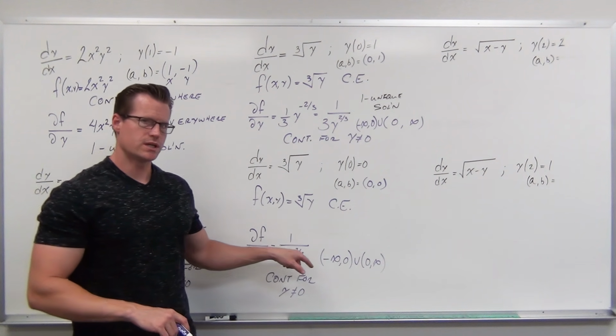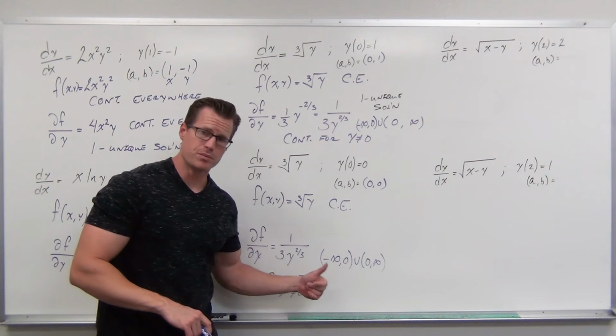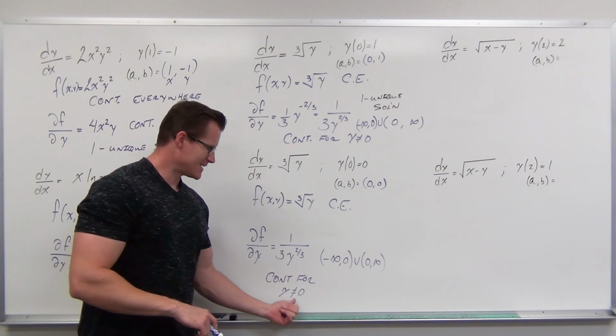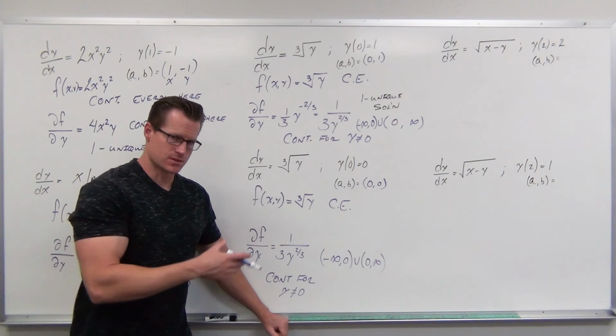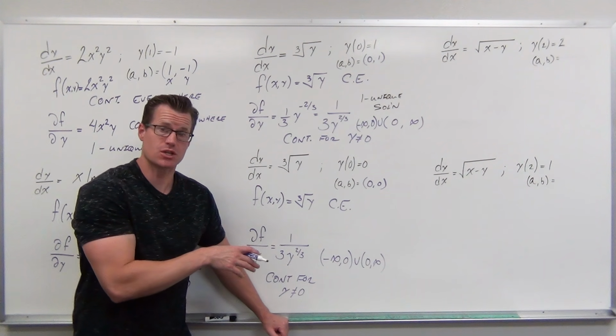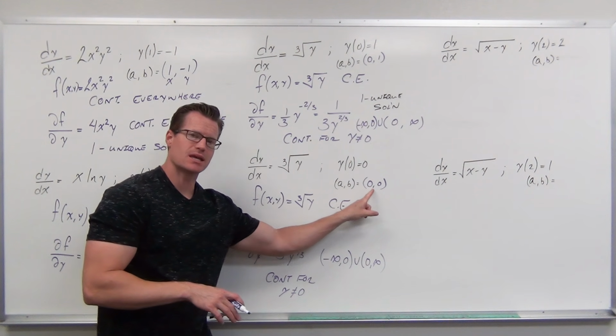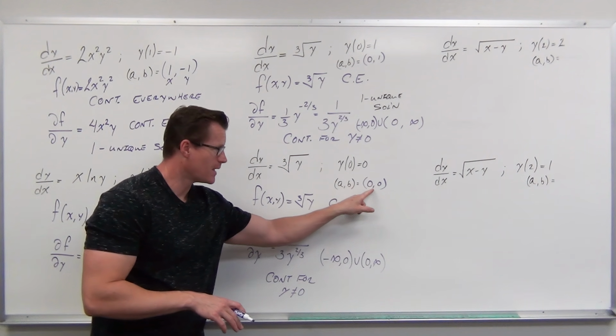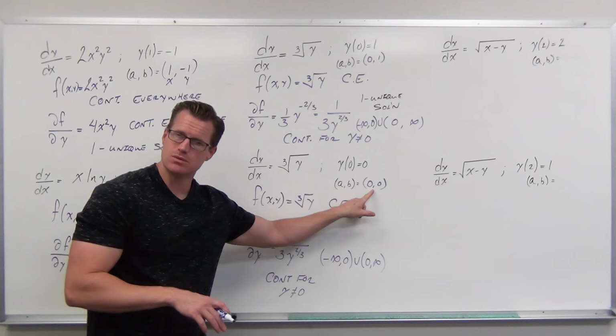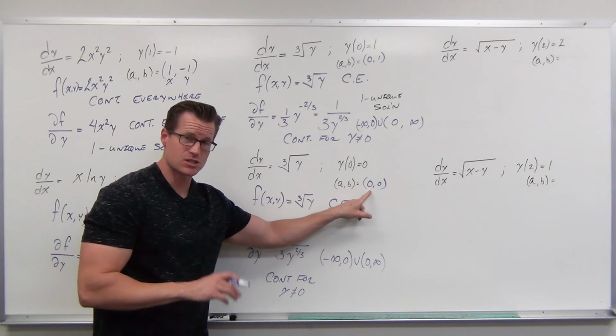This function is only continuous on this open interval. It is not continuous at y equals 0, so that's an interval of discontinuity. So we already know that a solution exists, but when we check in the neighborhood of this point, let's check to see whether that solution is unique. You know there's at least one. Let's see if it's unique.